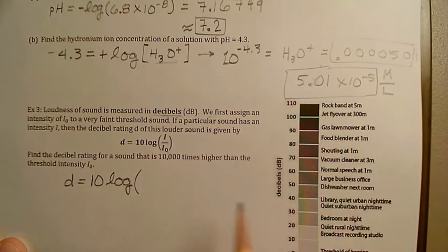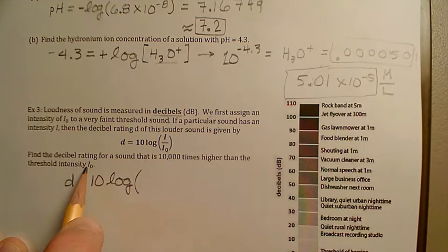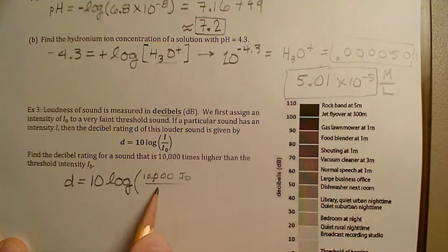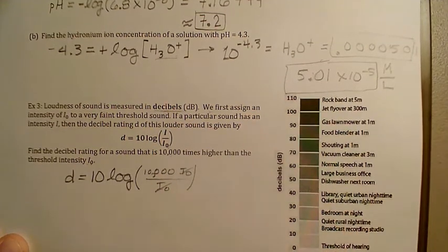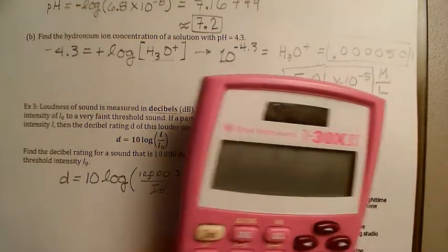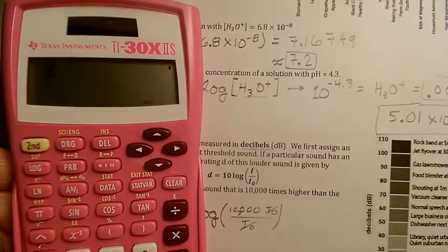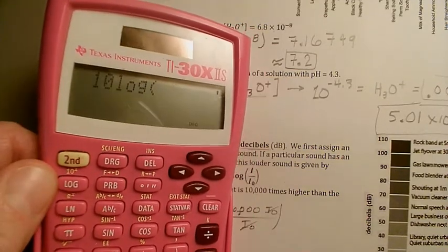And then the ratio: if the intensity of the sound we're interested in is 10,000 times the initial sound, then we'd say it's 10,000 times I sub 0 over I sub 0. So of course the I sub 0s would cancel, leaving us with 10,000. And this is just something we would plug right into our calculators. So let's clear it. And so it's 10 times the log of 10,000.